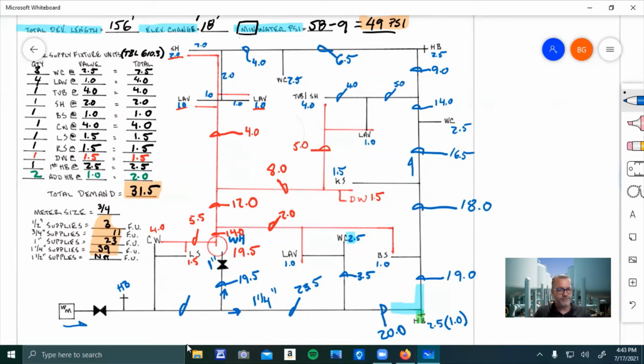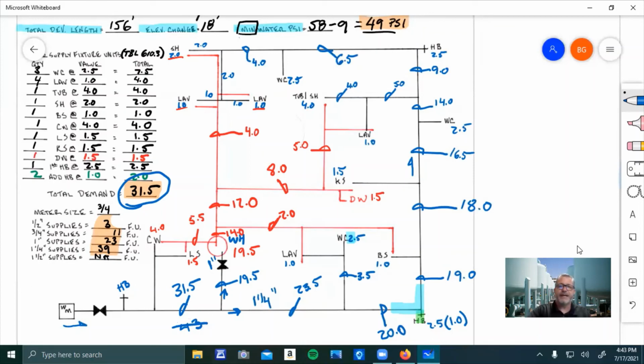Don't worry about the routing. Don't worry about anything. Just tell me the fixtures. We had a total demand of 31.5. Therefore, I have 31.5 fixtures here. I know the math dictates that this should be 43, but it's not 43, okay? It is not. It's 31.5.